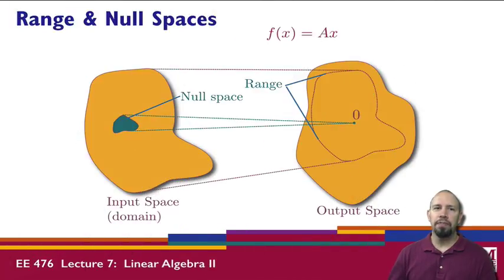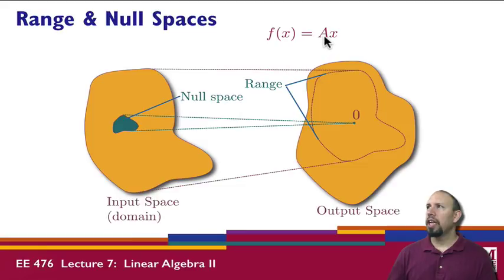If we think in terms of functions, a function of x, in this case our function is Ax, you have an input space. That's often referred to as the domain of the function. And then you have an output space. That's the space that the output of the function lives in.